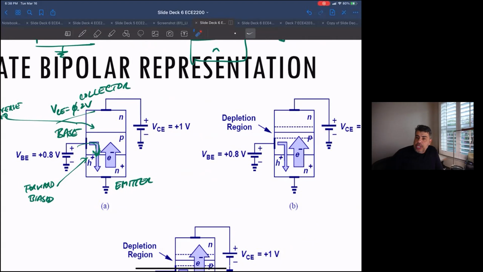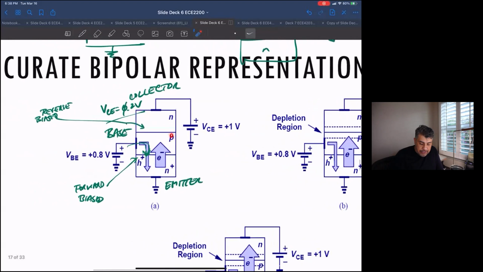Yeah, and I'll show you guys. If this P was very physically long, a large size, then this distance between these two would make it look like 2 separate diodes. You would have one PN junction here and one PN junction here, and they wouldn't talk to each other.